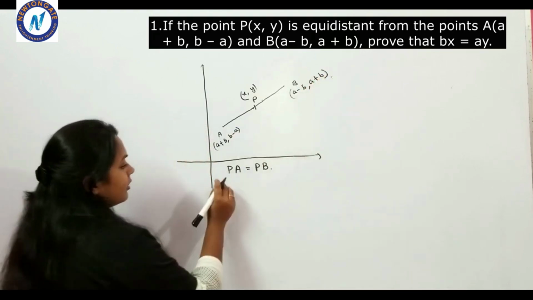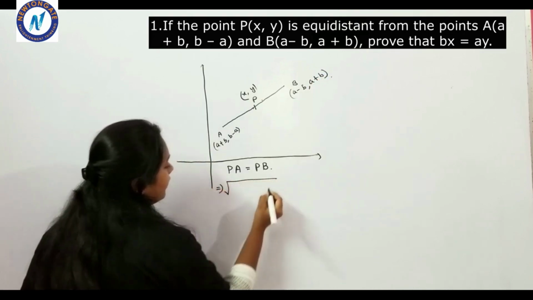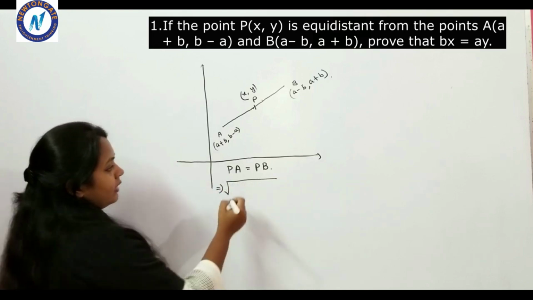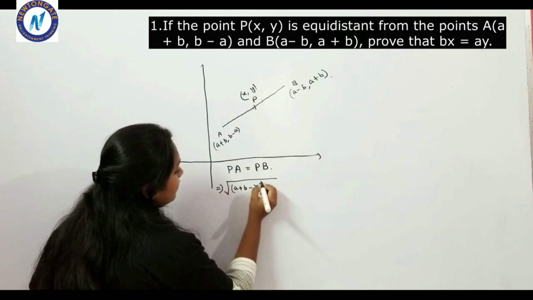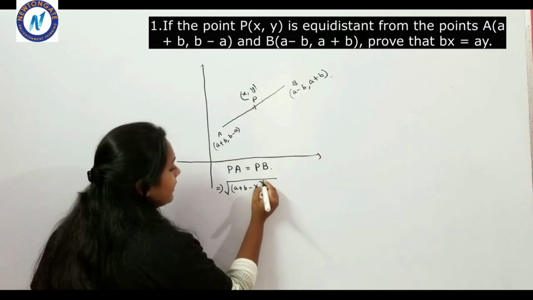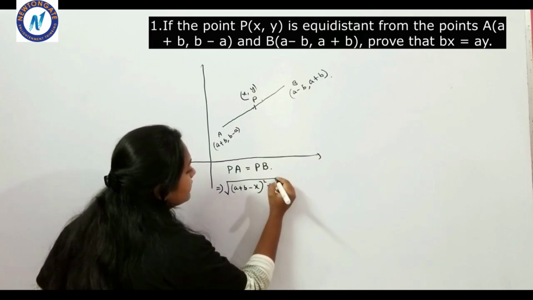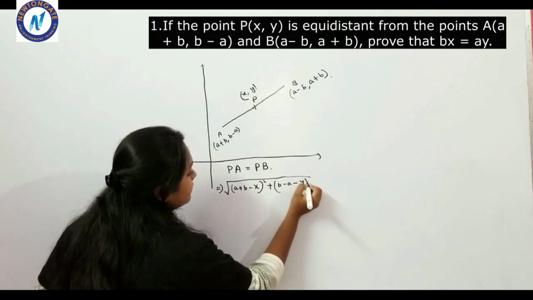Now what is the distance from the point P to A? That is the square root of (a plus b minus x) square plus (b minus a minus y) square.